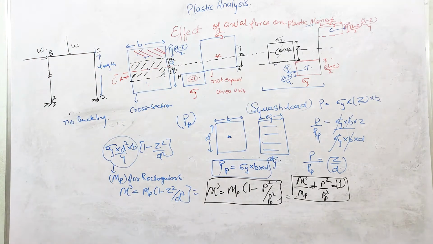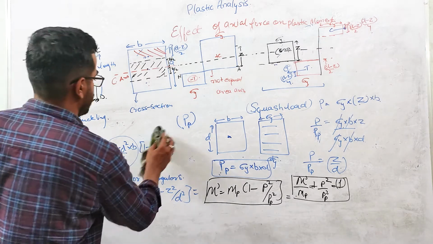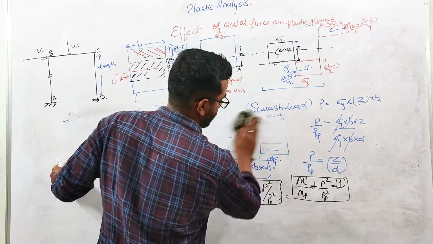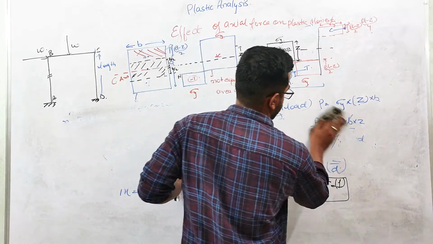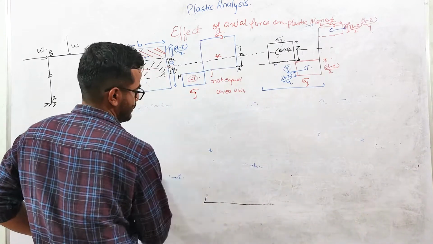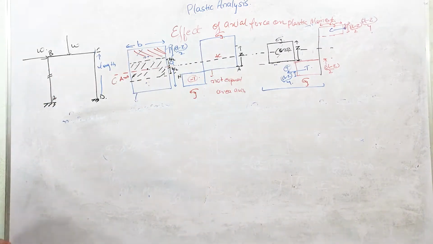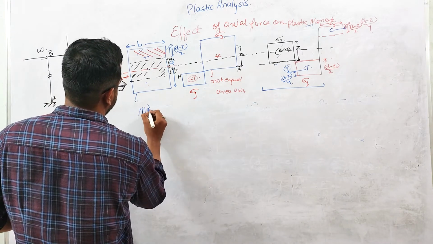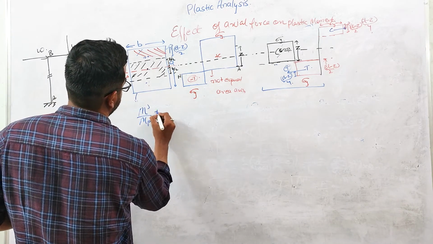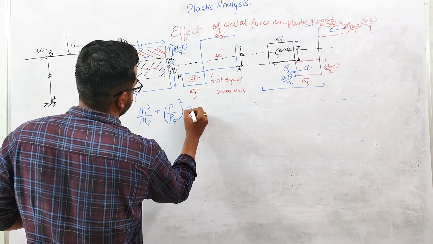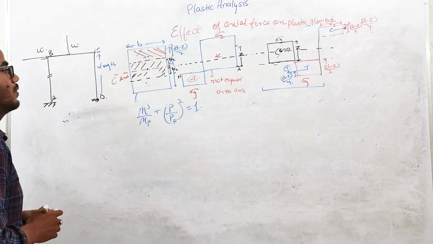Now this is the final equation, M' over Mp plus (P over Pp) squared equals 1.